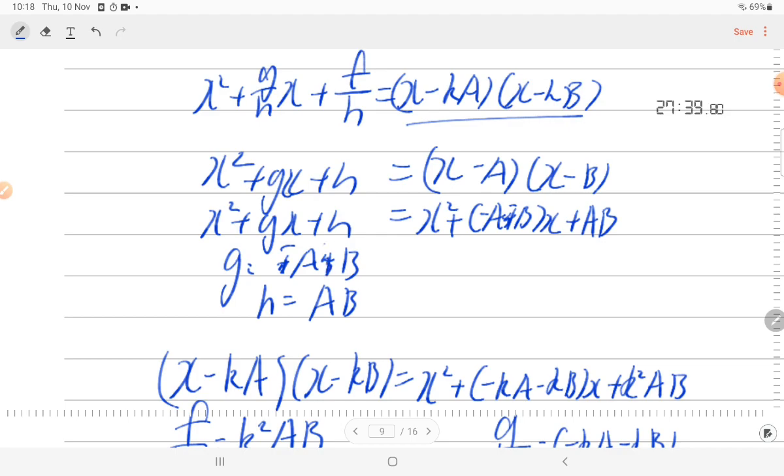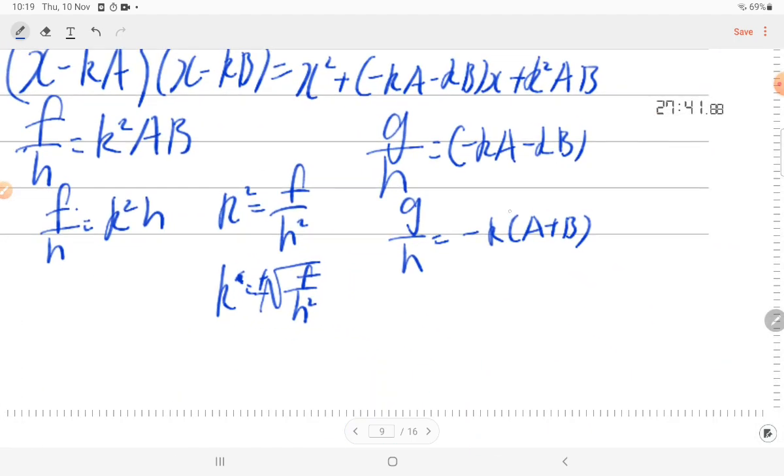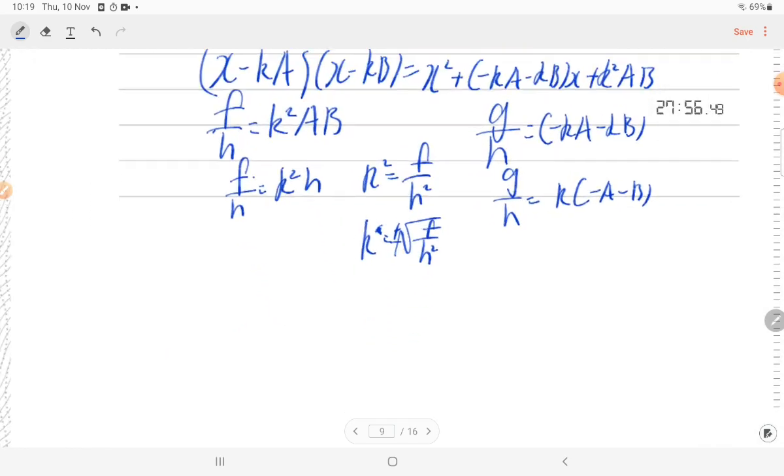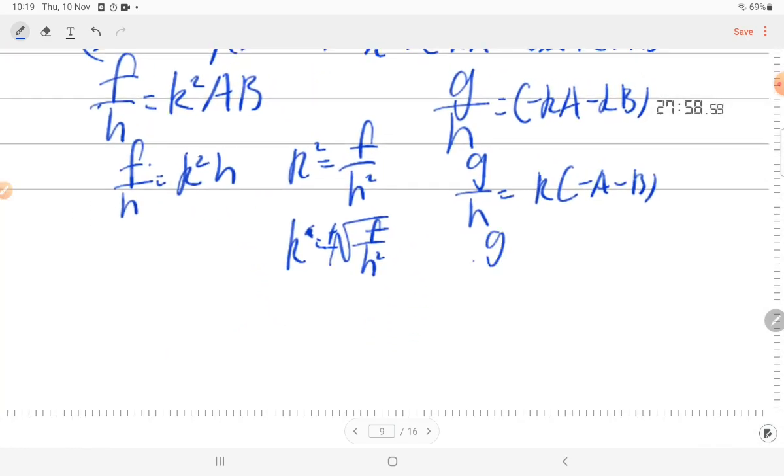And then no, we want to keep this negative. So k, I bet it's probably nicer. k brackets negative a take away b. So g over h is equal to kg. 1 over h is equal to k.